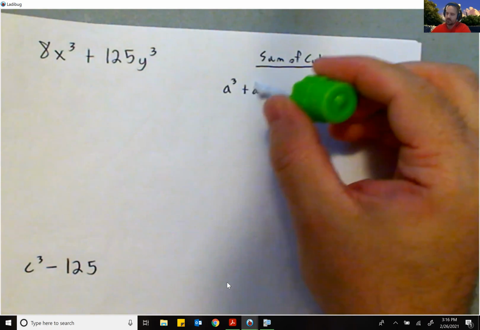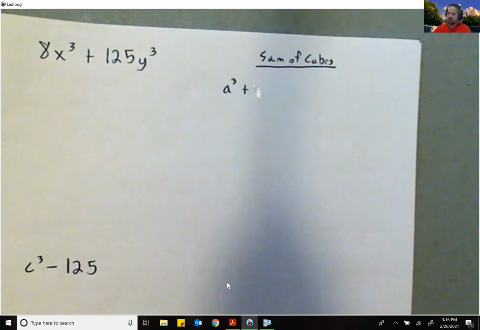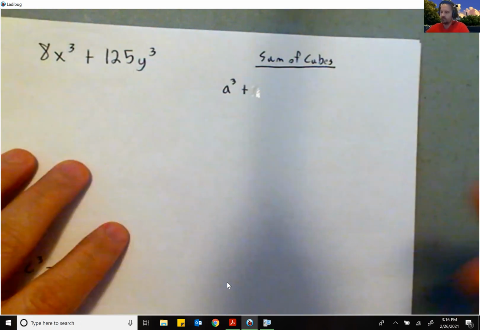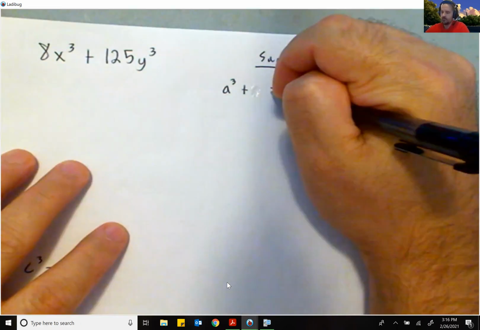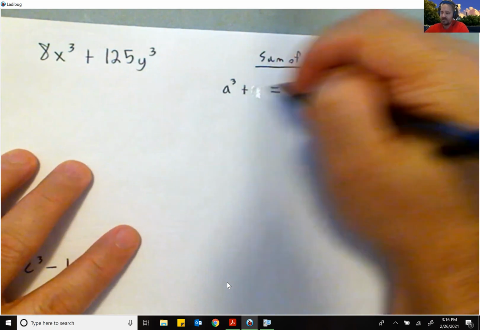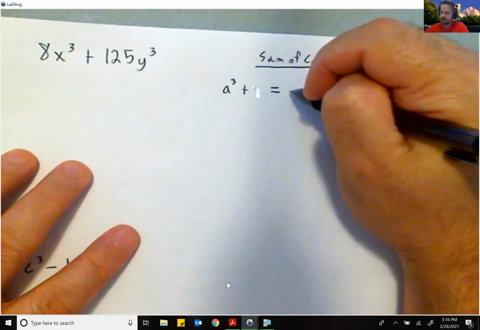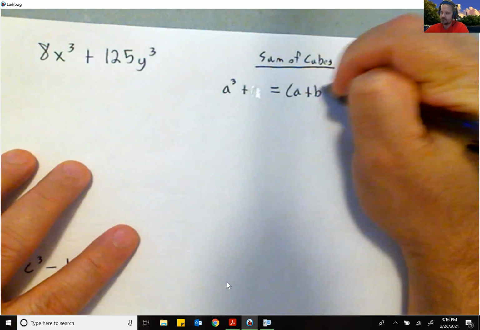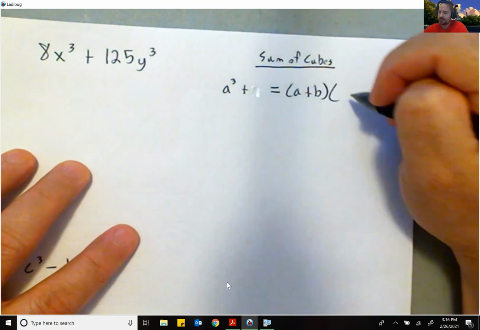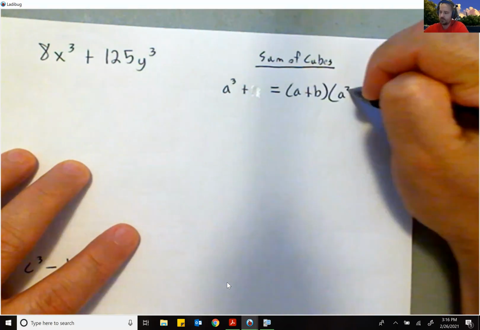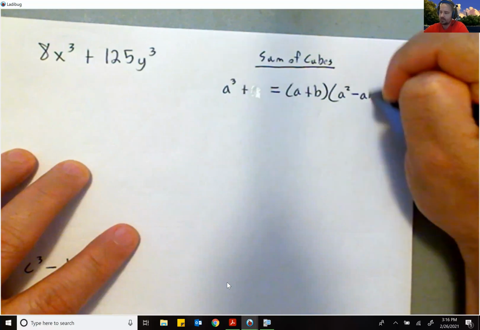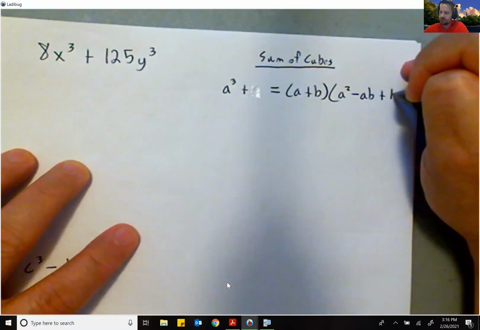Because when I mess up, I've got to fix it. And I know I shouldn't write in pen, but I want my answer keys to live forever. So I'm going to put a b cubed here in a second. They factor with a plus b. And then a second parenthesis of a squared minus ab plus b squared.